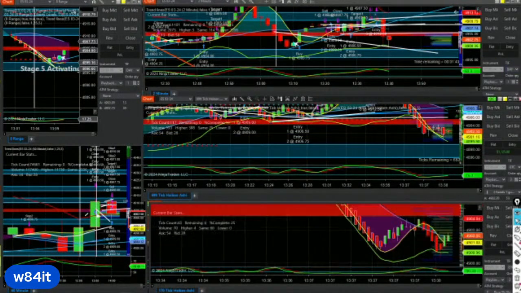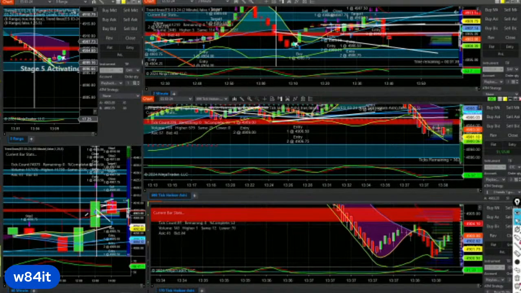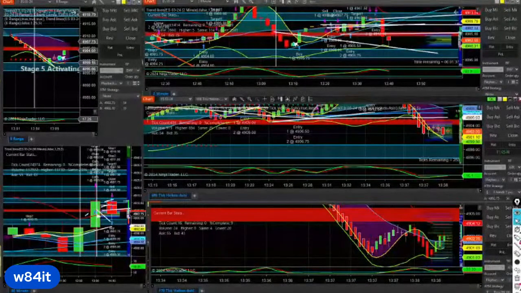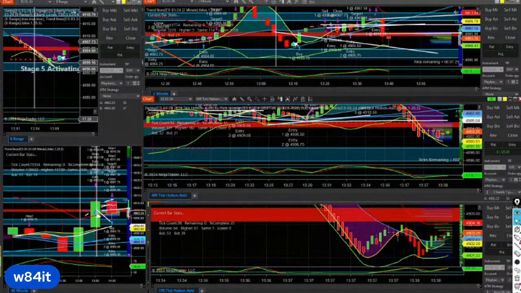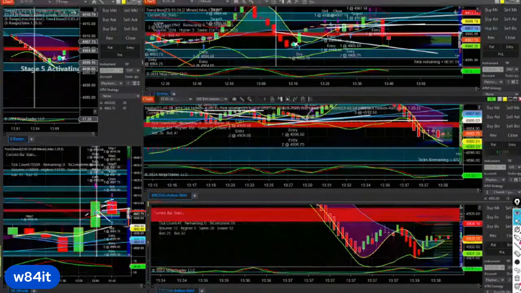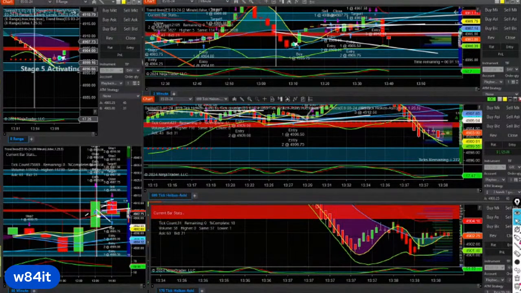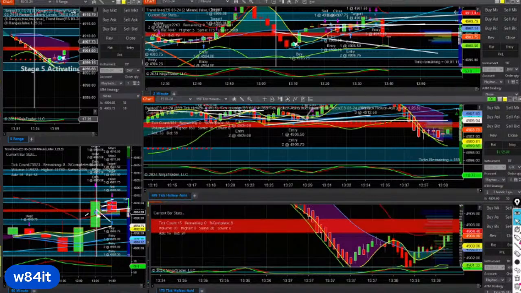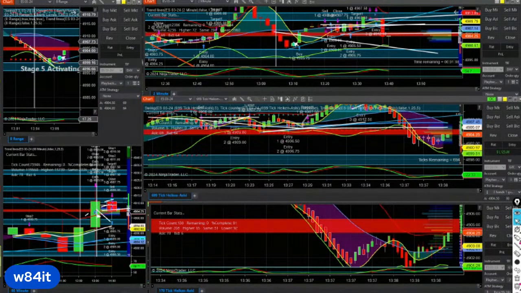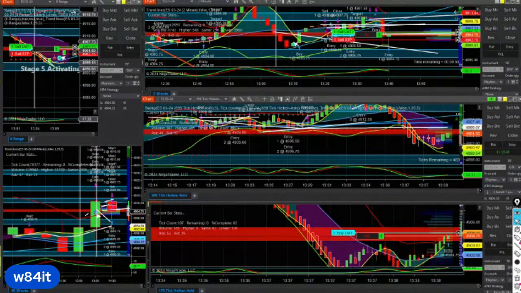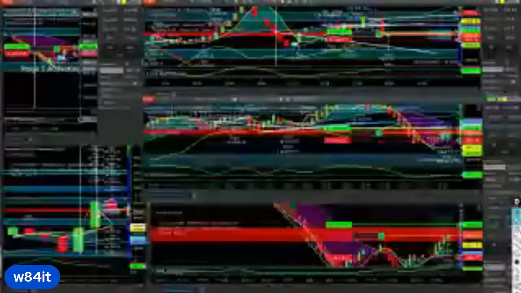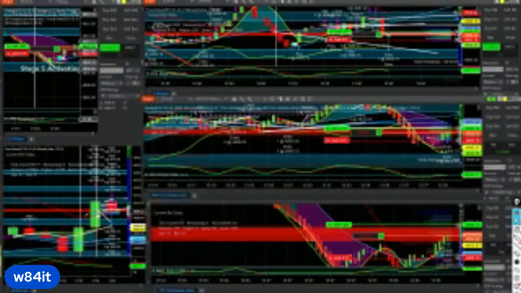Now we're looking for bullish activity over here. $277. I don't see. It's popped out. That's my zero line there. Okay, it's going across that. That should be good enough.